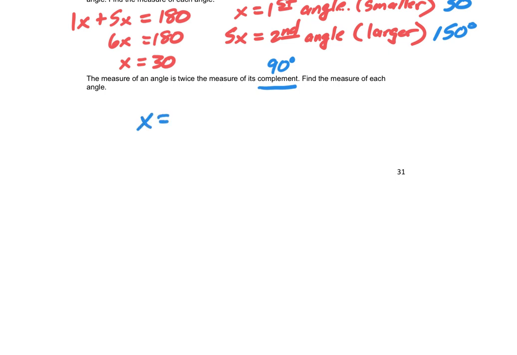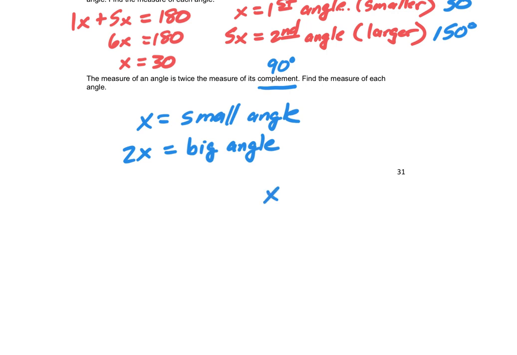Once again, we have two angles. So let's call x the small angle. What do we know about the bigger angle? It's twice. So what would we do for an expression for the big angle? Multiply by 2, 2x. And then the definition of complement means two angles add together to equal 90.